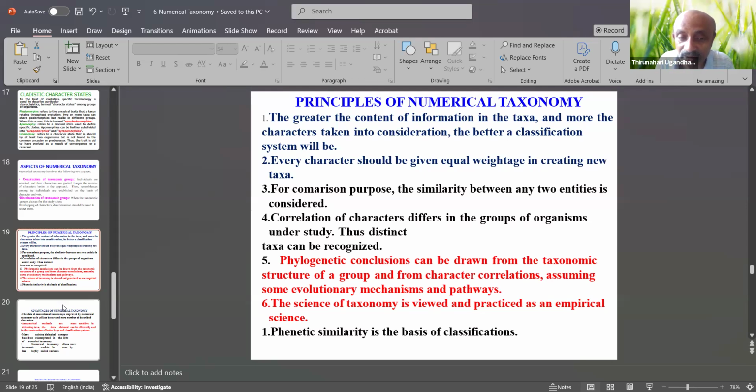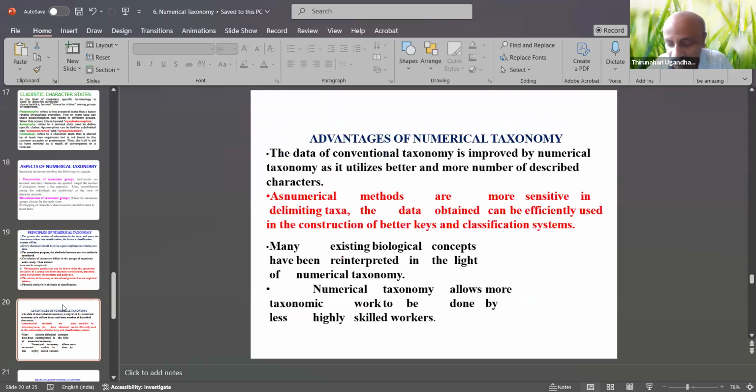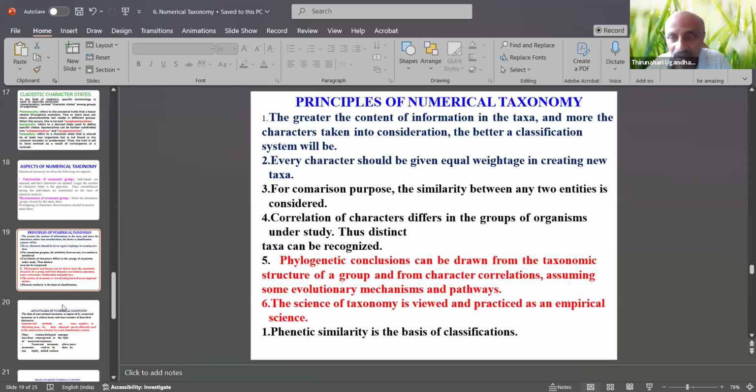Also, taxonomy is viewed as a practical, empirical science with phenotypic and cladistic features. The phenotypic similarity is the basis of classification, and these five major qualities are the basis for classification of plants. That is called numerical taxonomy.